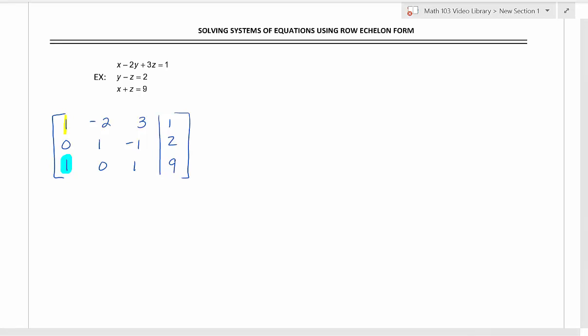We're using our third row operation. We ask ourselves, what do we add to 1 to make it 0? -1, that's our multiplier. The leading 1 in this column is in the first row, so we'll be multiplying the first row by that -1. We're going to add it to the row that we're changing, which is row 3, and we'll have a new row 3.